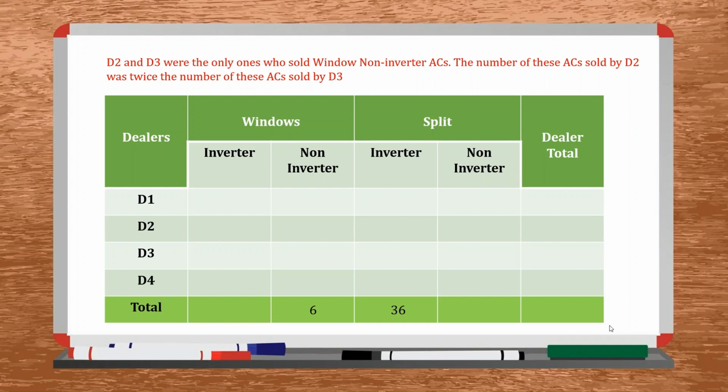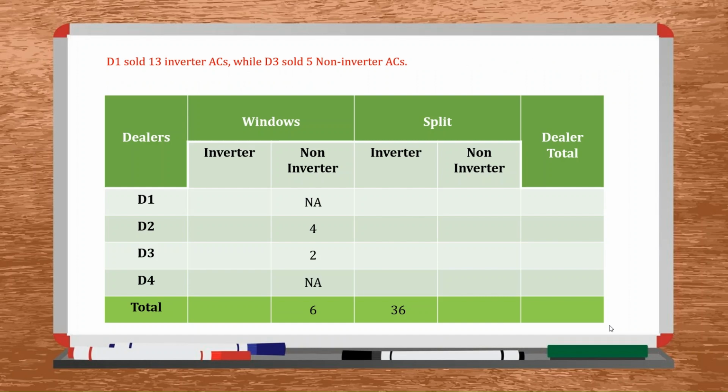As D2 and D3 sum up to 6, the only possible X and 2X values are 4 and 2. Hence, for window non-inverter ACs, D2 would be 4 and D3 would be 2. And for D1 and D4 it would be NA, which means they have not sold any AC of this category.